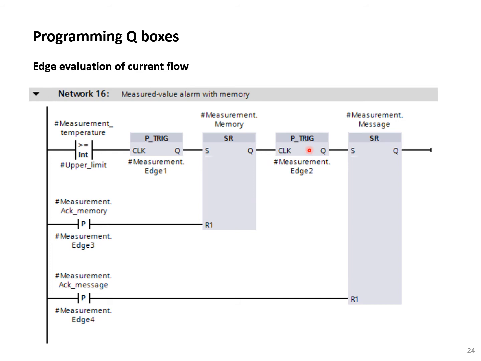Once that happened, this one will become true and we could set the second box. We could acknowledge it to reset it. This is just one example to show how we could use these types of Q boxes.